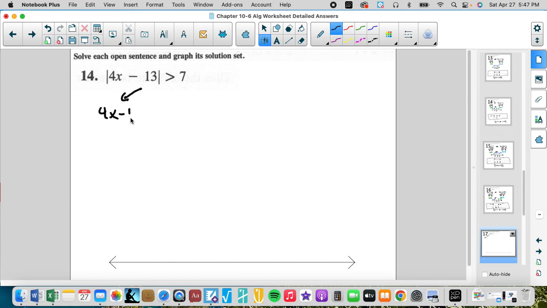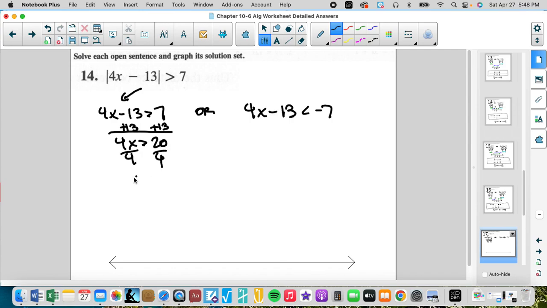4x minus 13 is greater than 7, or 4x minus 13 is less than negative 7. Add 13. 4x is greater than 20, divide by 4. X is greater than 5.